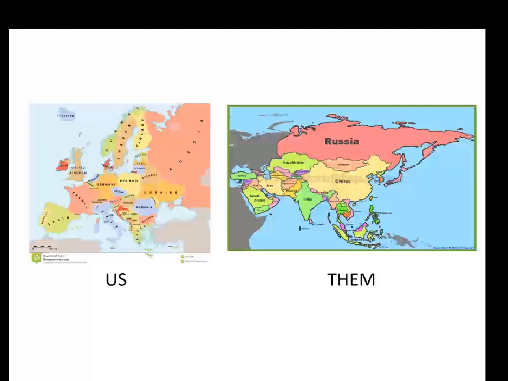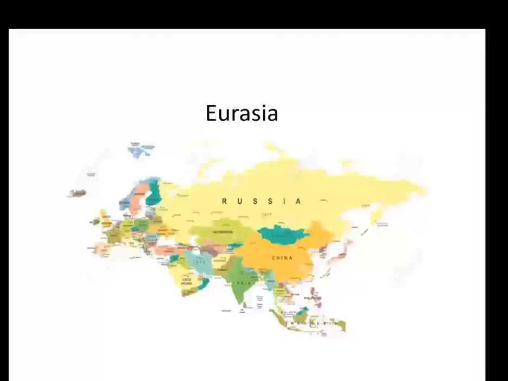The names of the continents maintained an artificial distinction. Fortunately, Eurasia is becoming the name of choice for the entire landmass. It may still be us or them, but we don't use a continental definition to make the separation.